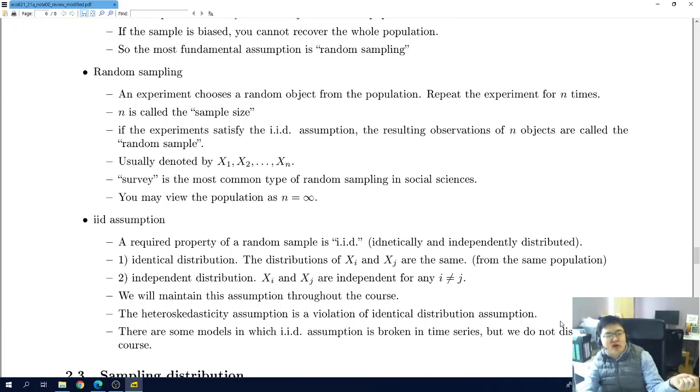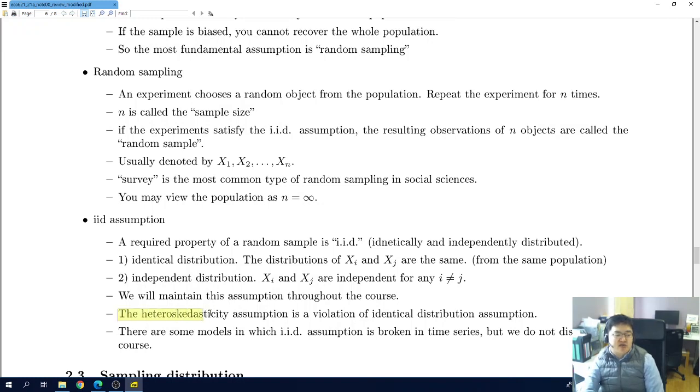So the first one and the second one would be correlated, and then it violates independence. So every observation has to be independent of each other. The IID assumption is so basic that I'm going to assume this throughout this course. Whenever we observe something, they are IID.